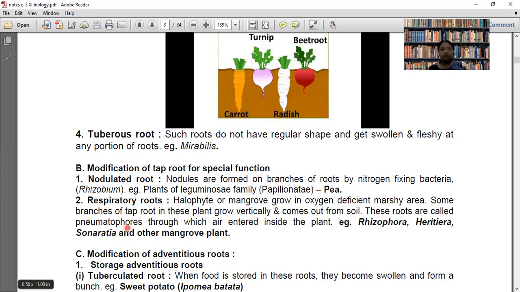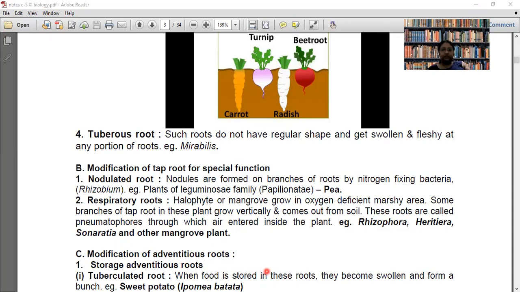And these roots actually come out of the soil. So look, this is an exception. We just studied that roots are positively geotropic. These respiratory roots are negatively geotropic. They come out of the soil, and trust me, in the Sundarban area it is very difficult to walk due to these roots, because they come out of the ground like swords.